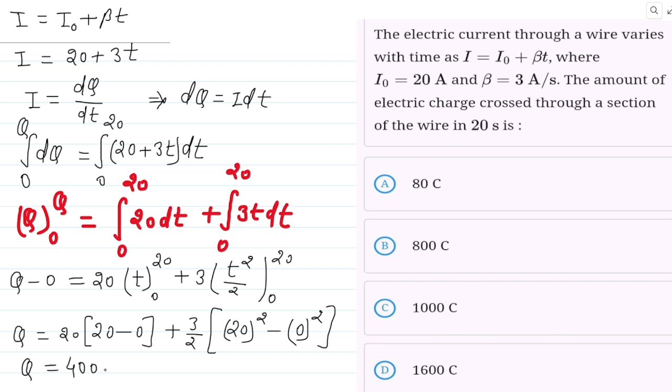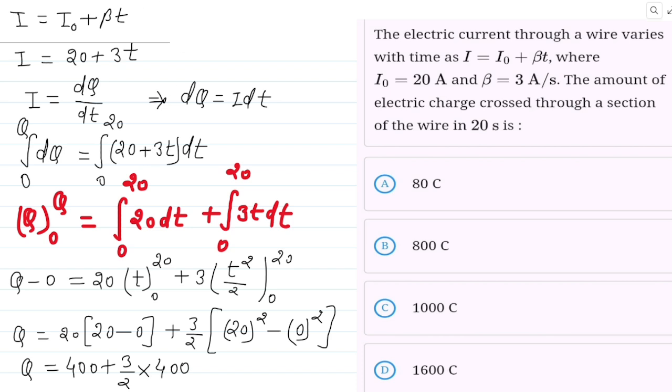This will be the charge, plus 3 by 2, and on solving the second term we get 20 square minus 0 square. So again 20 square is 400.